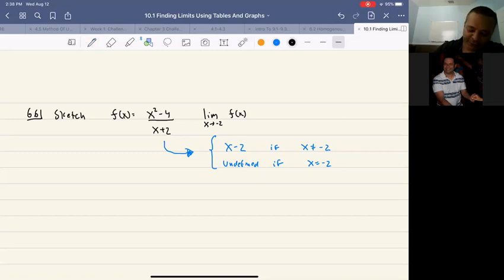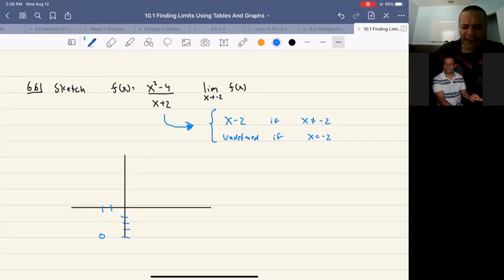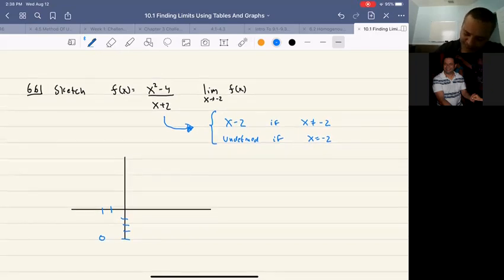Okay, we can graph this quite easily. So at -2, we're going to have a hole. The hole would be at (-2, -4). And then other than that, it's going to be a straight line. Right?